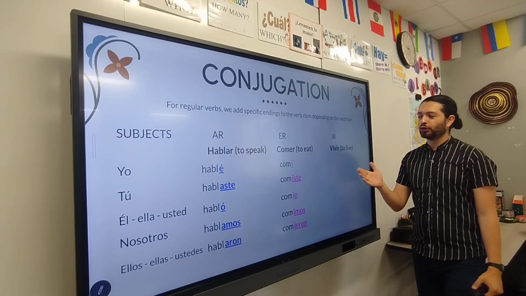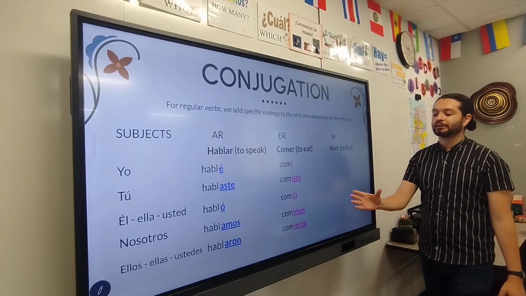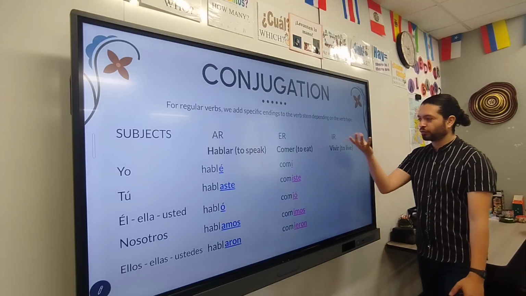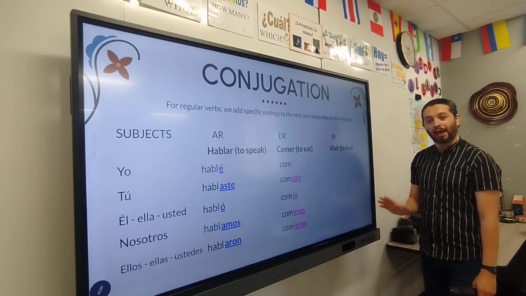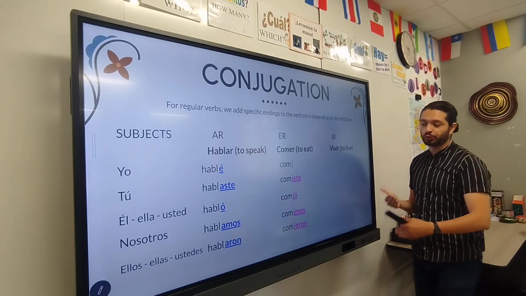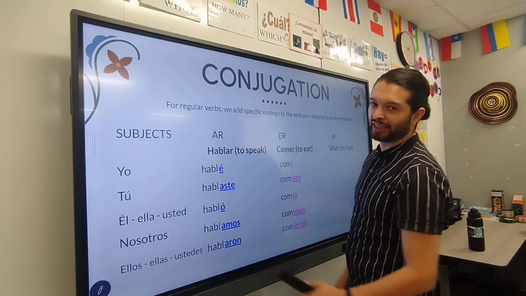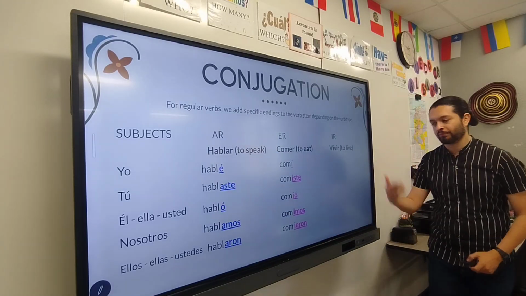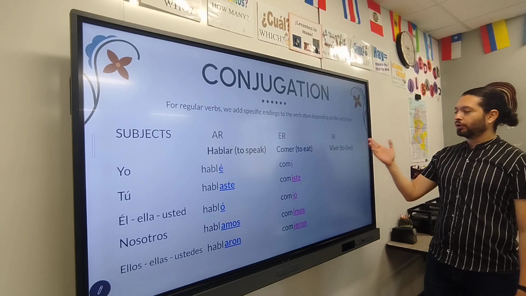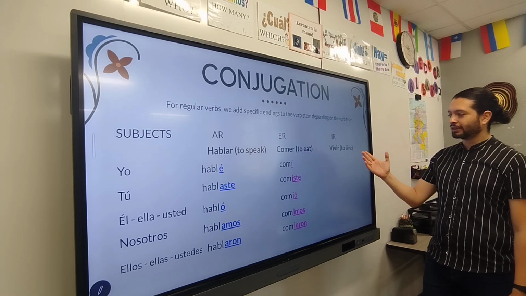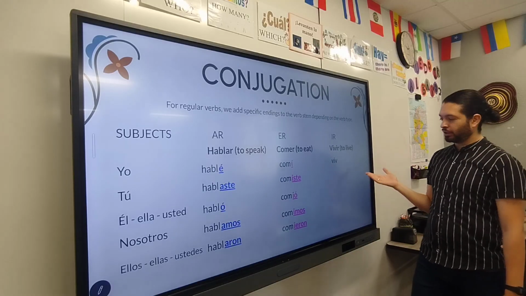For IR verbs, I have very good news. These same endings are going to be the ones that we use for IR verbs. Yes, exactly the same endings. So that's pretty cool because we just have to memorize 2 sets of endings, right? Not 3. So for our verb vivir, the stem is going to be viv plus the ending, the same one right here.